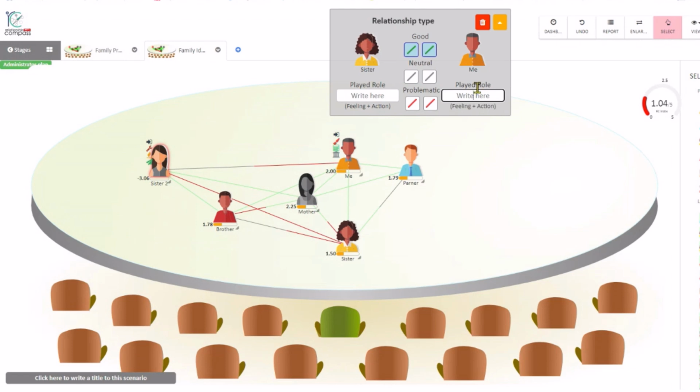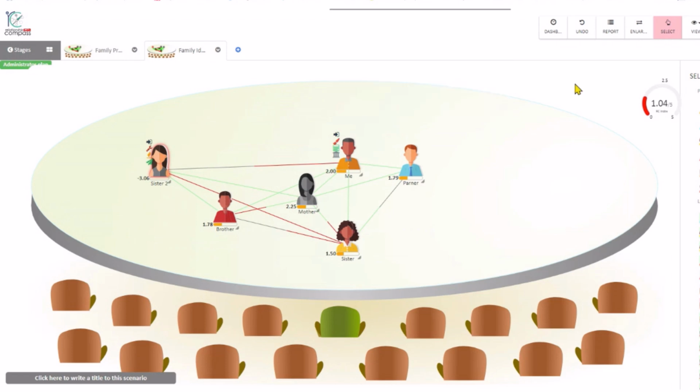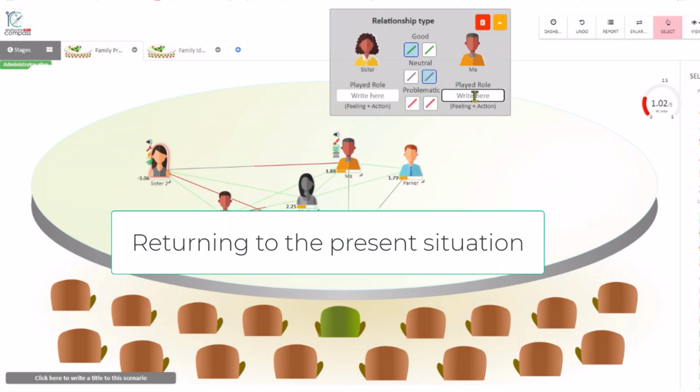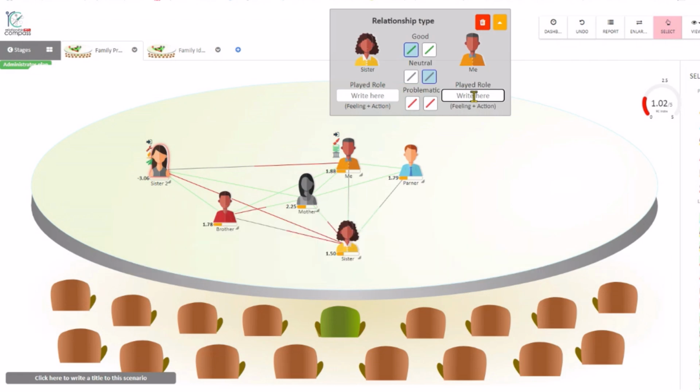Stay there. Let's go to number one. Which role do you feel that you play with her now? What is this neutral? What is the feeling you have towards her?